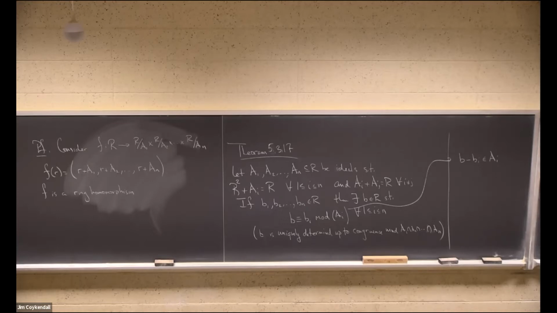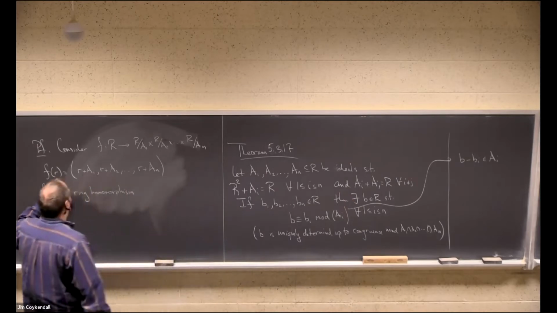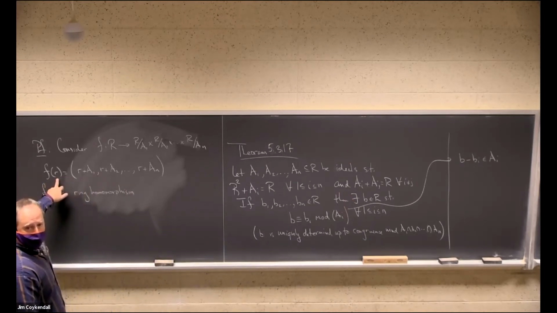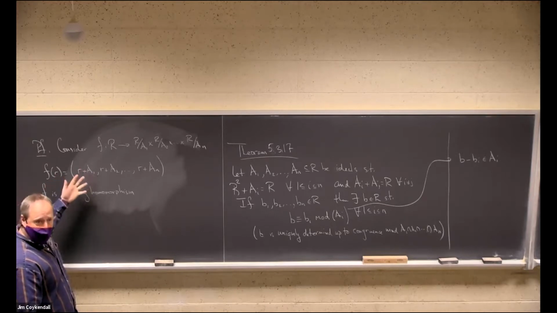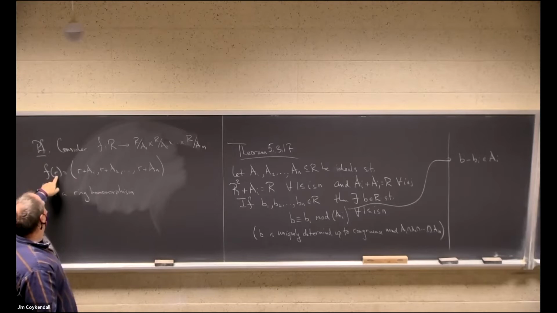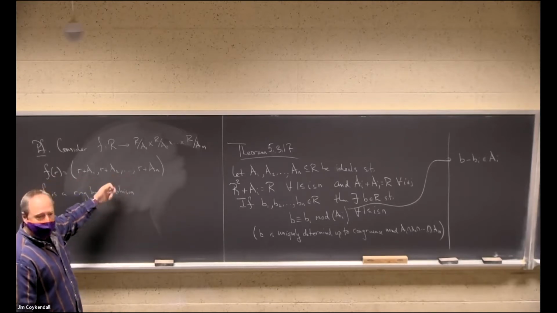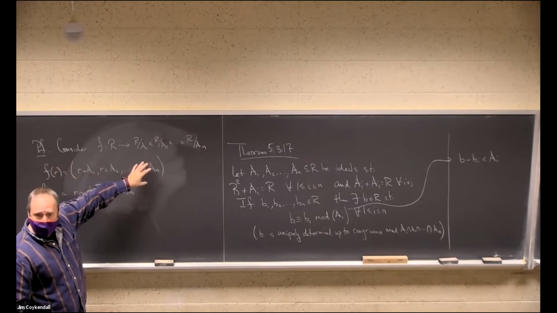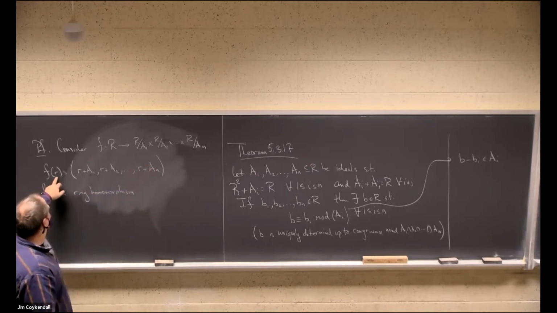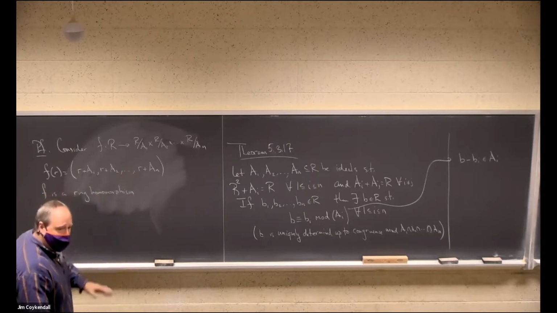I expect this thing to be neither one-to-one nor onto. I don't expect this to be onto, and I certainly don't expect it to be one-to-one. For example, if r is in the intersection of A1 up to AN, if r is in every one of these ideals, then the image is 0. And so what I need for this to be one-to-one is for the kernel to be contained in every ideal.